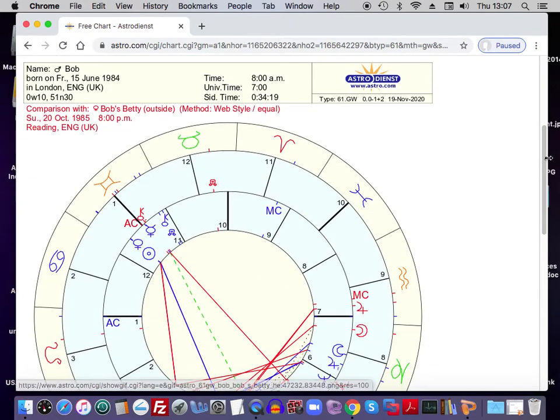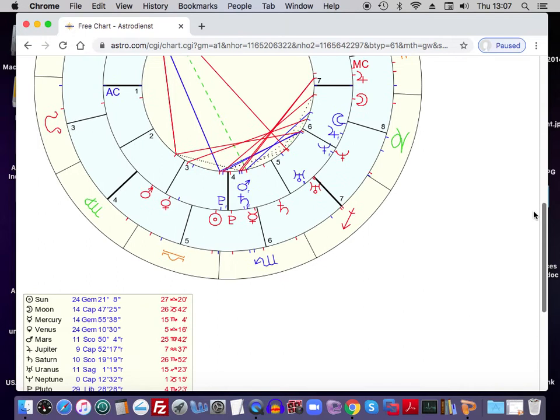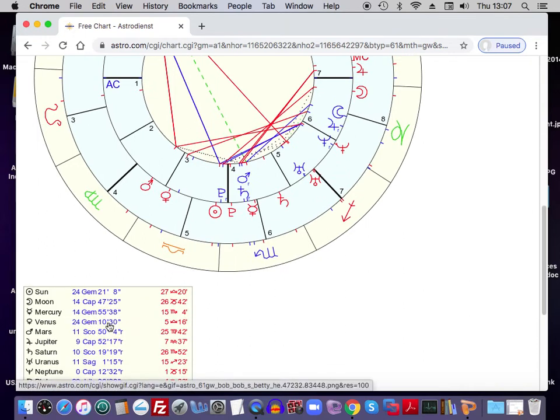So we've got Bob's actual accurate chart here, ascendant. His chart starts in the sign of Leo. His sun sign is in Gemini, and it's all written down at the bottom here. Make sure you've got equal house selected.